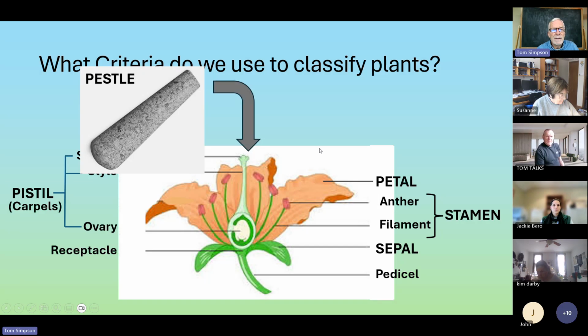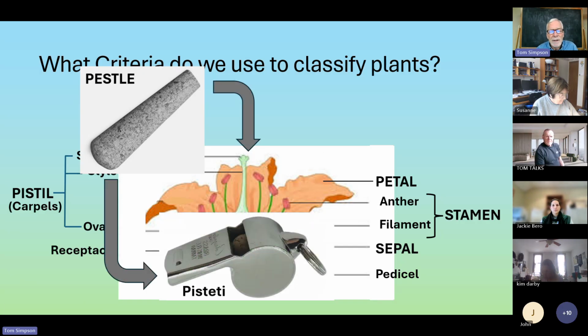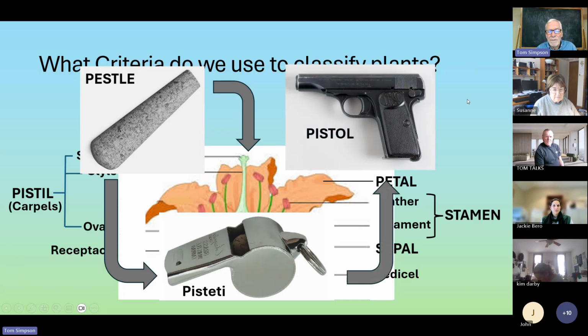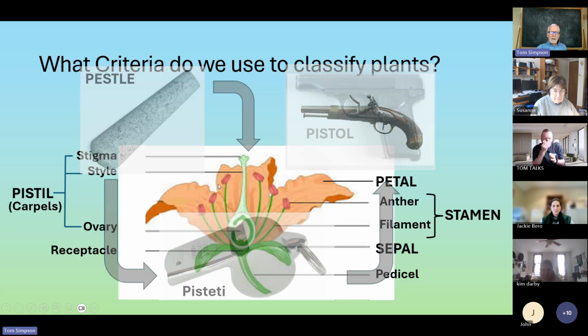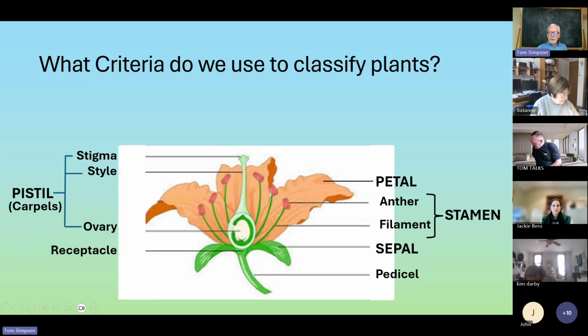The word pestle is also where the whistles got their name, which are pisteti, a Czech word, and the whistle then gave its name to the early pistols. The modern pistols don't look much like a whistle, but if you go back and look at some of the primitive pistols, you can see that it's that one word spelled differently in each case, all coming from the same pestle, one of the early human tools for preparing food.